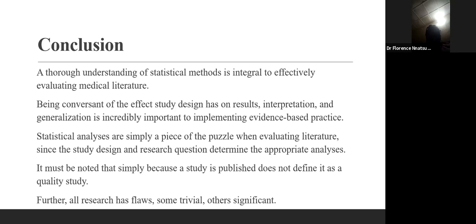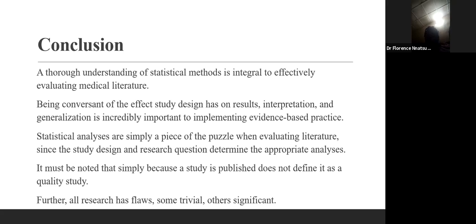A thorough understanding of statistical methods is integral to effectively evaluating medical literature. Being conversant with the effect study design has on results, interpretation, and generalization is incredibly important to implement evidence-based practice.